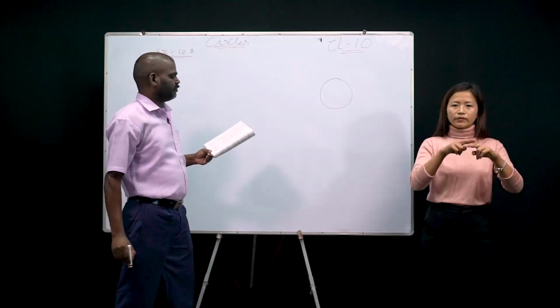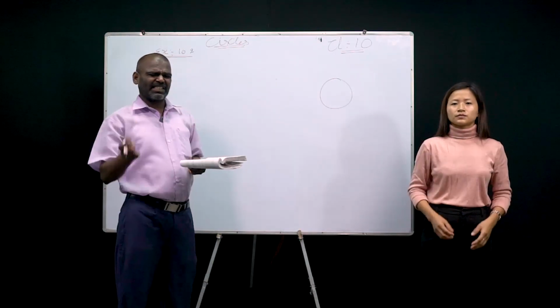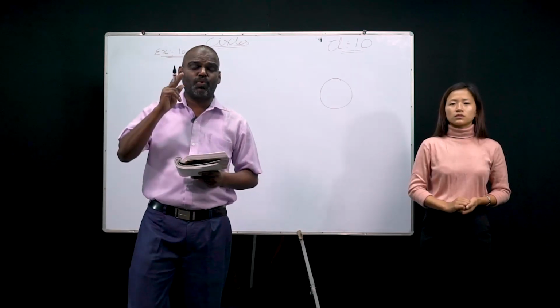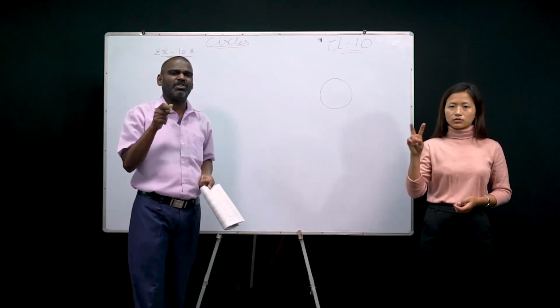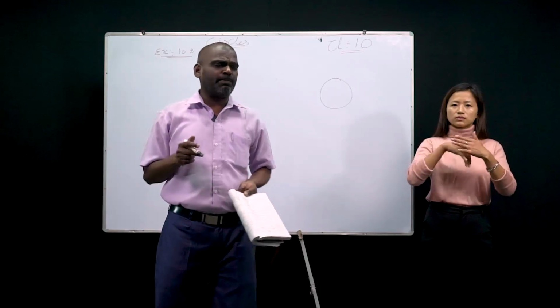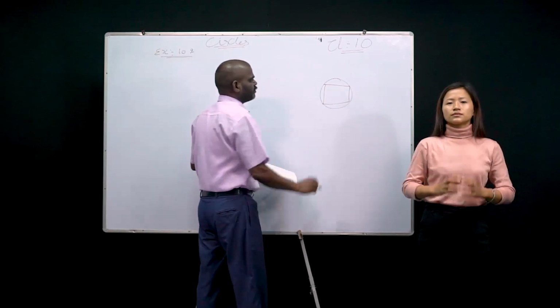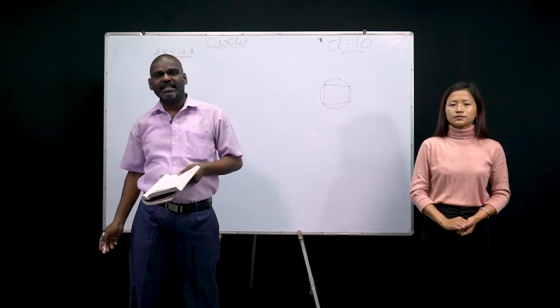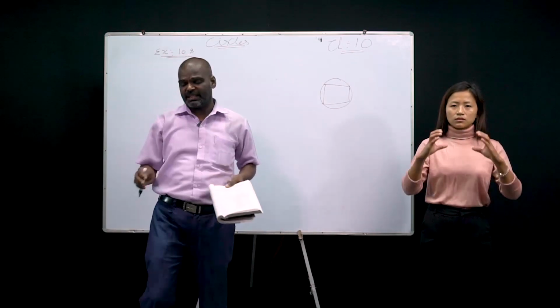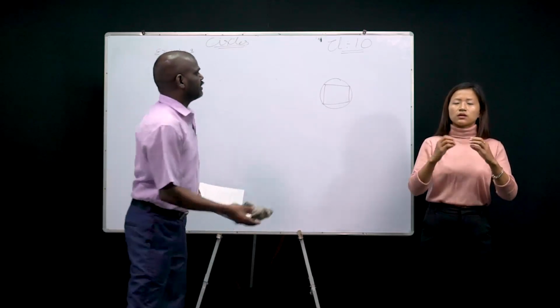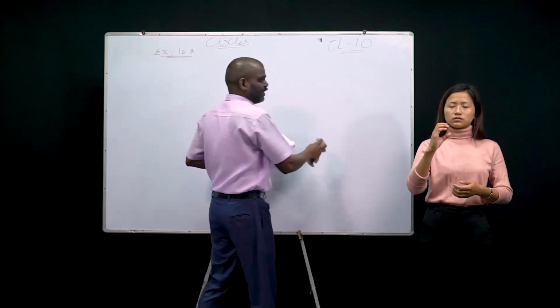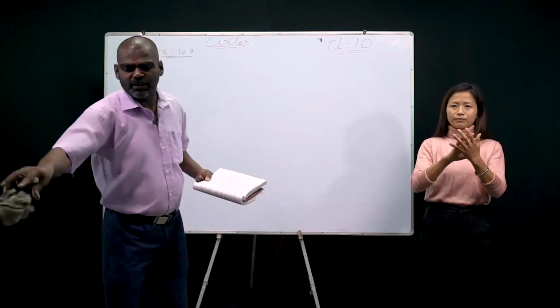There are two words: one is circumscribe, another one is inscribe. Inscribe means inside the circle, a quadrilateral inside the circle. Clear? Circumscribe means outside the circle. You know what the boundary of the circle is, right?